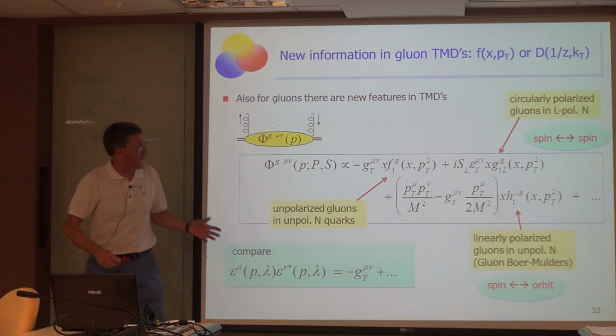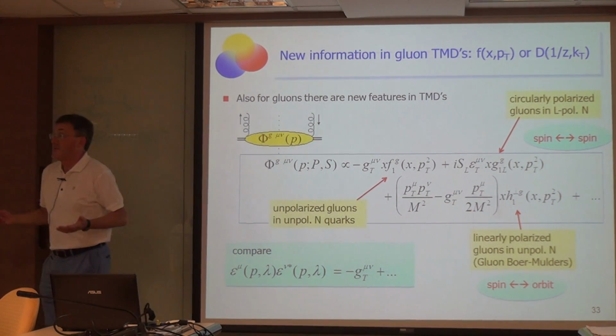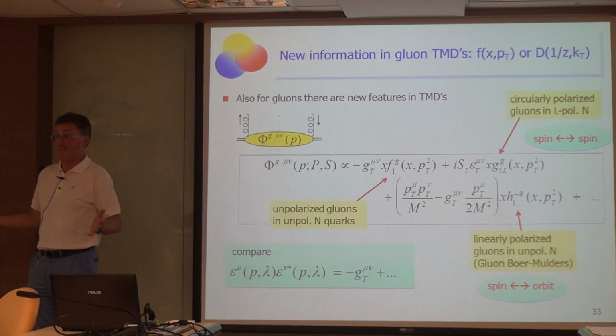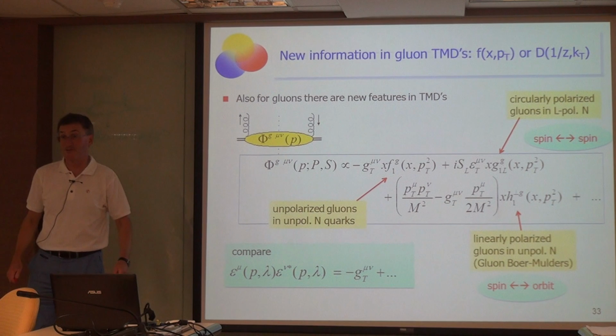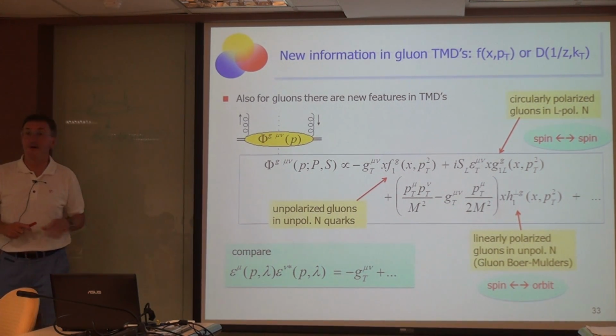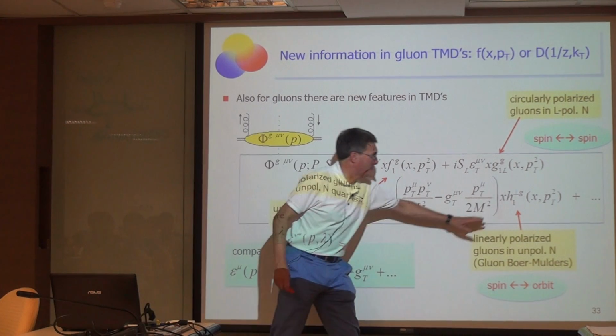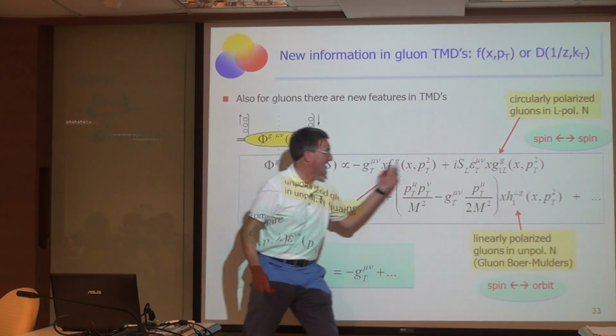So, of course, for all these sort of polarized functions, there are bounds that you can put. And for these polarized things, you can get all sorts of bounds, Soffer bounds, known in the literature, etc. So you can have bounds on these functions. So this function naturally can never be larger, since it's a polarized function, than this one.